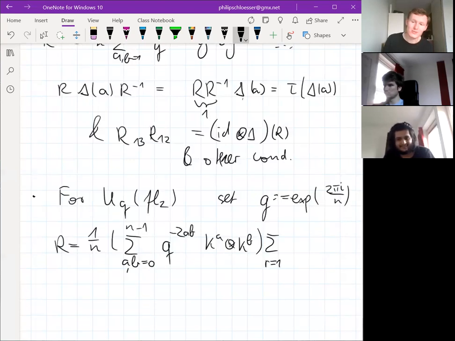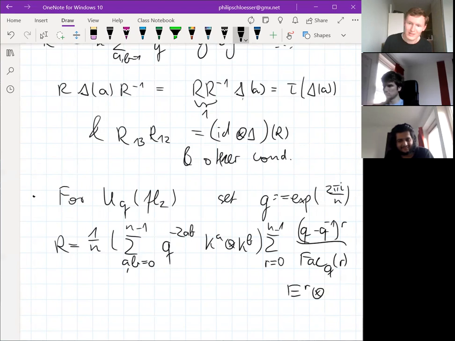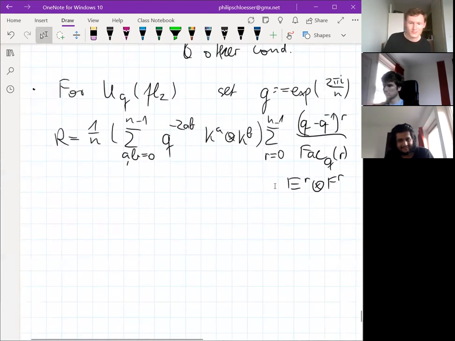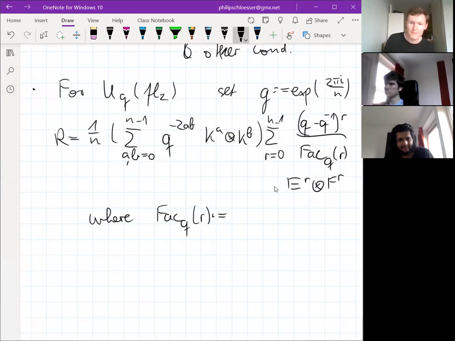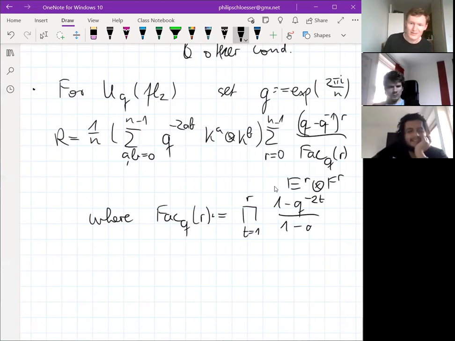Times the sum from 0 to n minus 1 of (q minus q inverse) to the rth power divided by some weird Gaussian factorial of r, times e to the r tensor f to the r, where that Gaussian factorial is defined as the product from 1 to r of 1 minus q to the minus t at 2t over 1 minus.